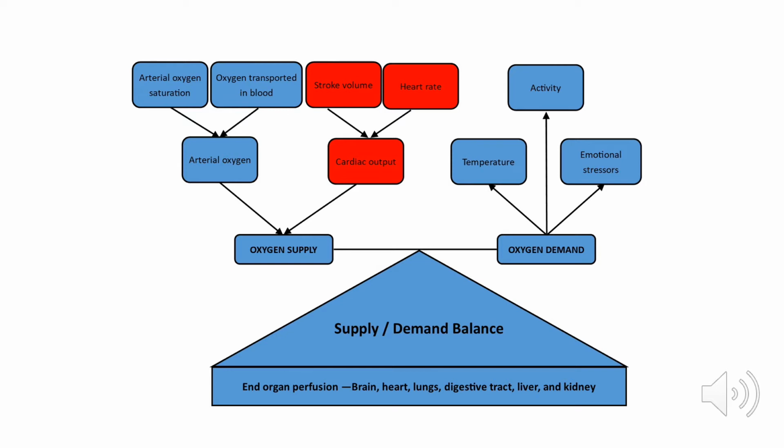End organ perfusion is a term used to describe the effectiveness of the body to supply enough oxygen to meet the demands of vital organs, including the brain, heart, lungs, gut, liver, and kidneys, which is all part of the supply and demand balance.